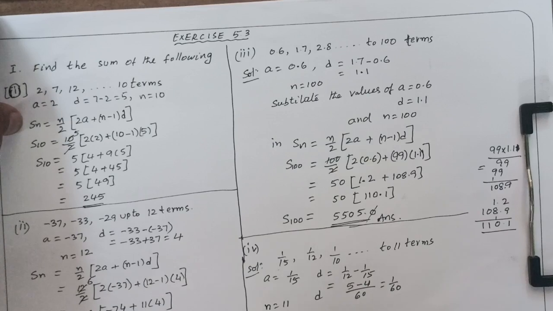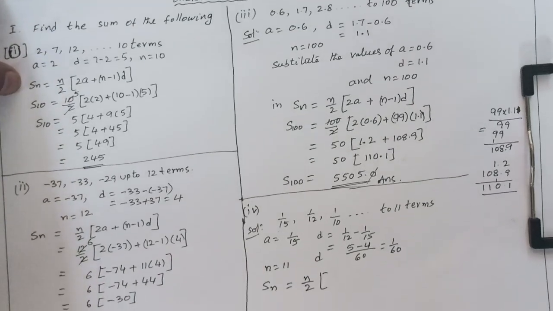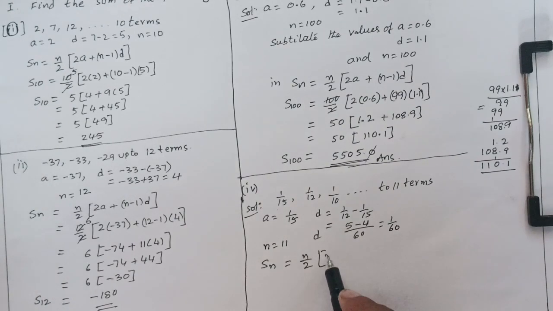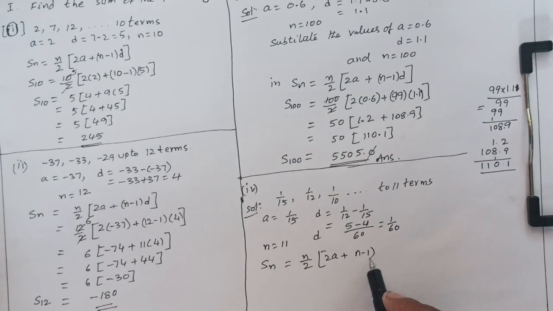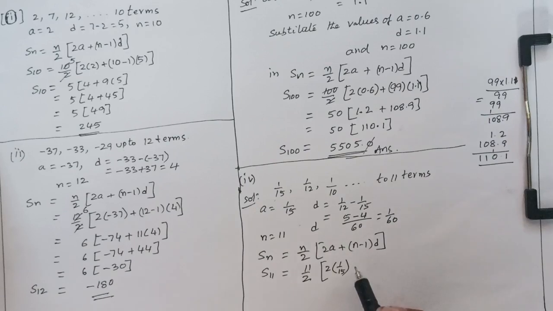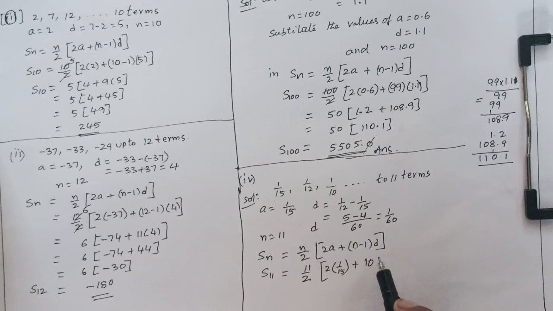Now Sn equals n by 2 into 2a plus n minus 1 into d. So S11 equals 11 by 2 into 2 into a, here 1 by 15, plus n minus 1, 11 minus 1, 10 into d, and d is 1 by 60.